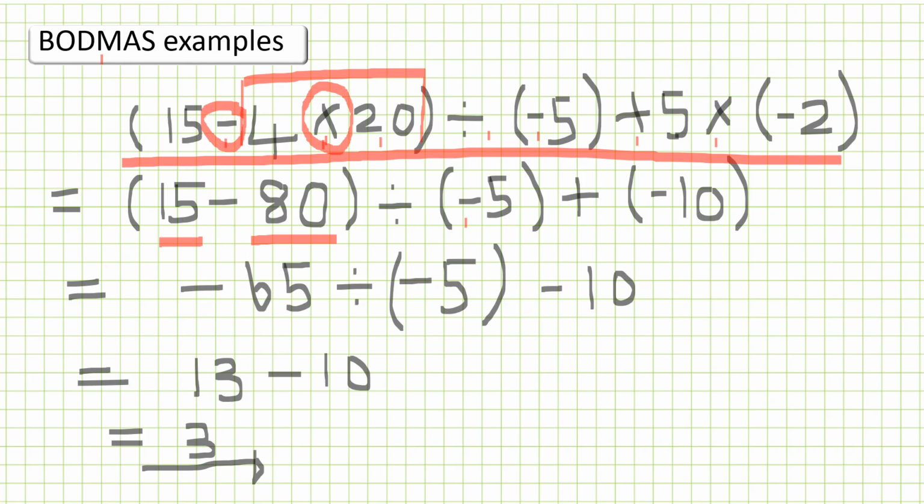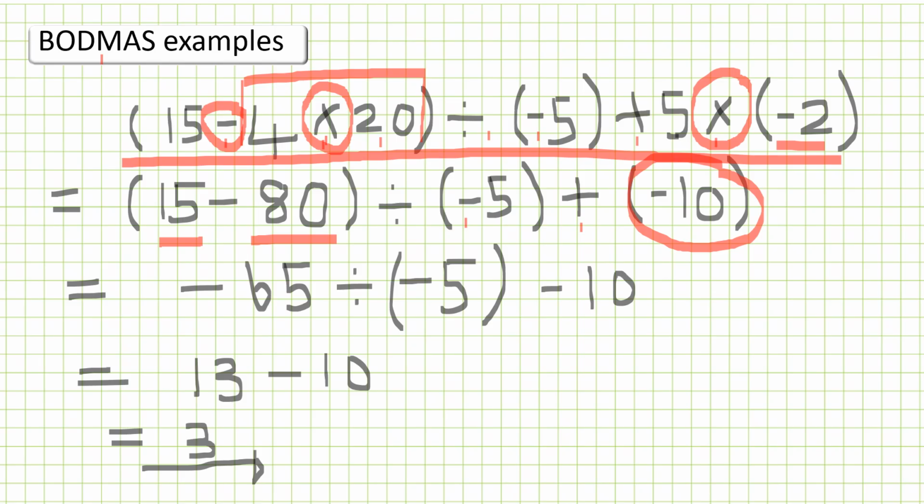I haven't got to that yet. Plus, there's a multiplication sign. I must do that before addition and subtraction. So 5 multiplied by minus 2 is minus 10. So what I've done is the multiplication first: 15 minus 80 divided by minus 5 plus minus 10.